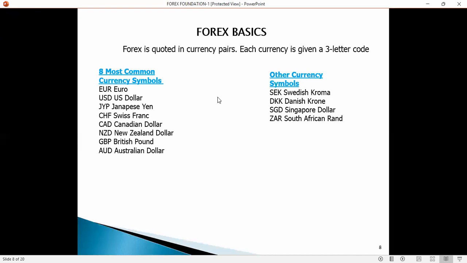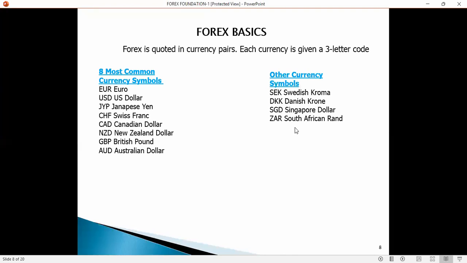Now we also have other currencies, just like I said. We have Swedish krona, we have Danish krone, we have Singapore dollars, South African rands. Okay, so these ones right here are the exotics. Why are they the exotics?